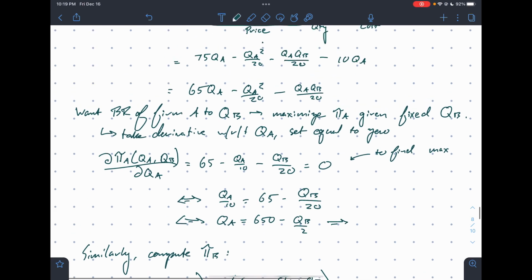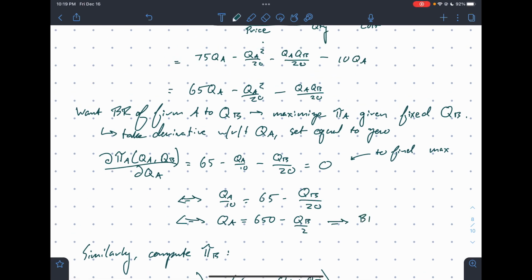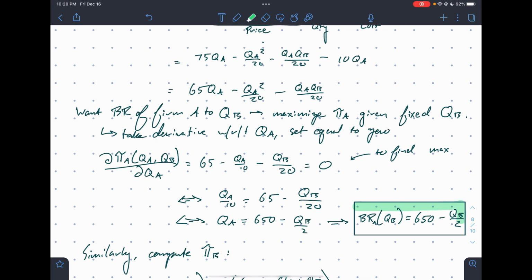So this is the best response from A to quantity QB. So it's 650 minus QB over 2. What this is telling us is, based on some level of production QB chosen by firm B, this is what firm A should optimally produce.